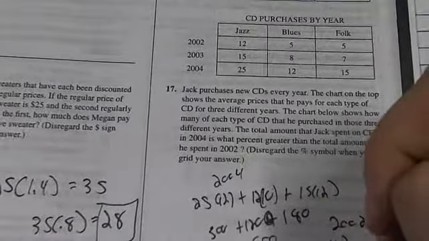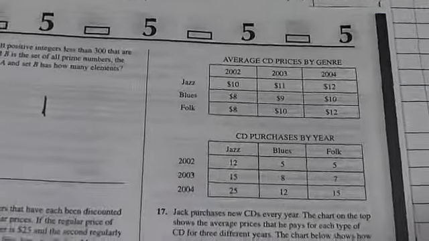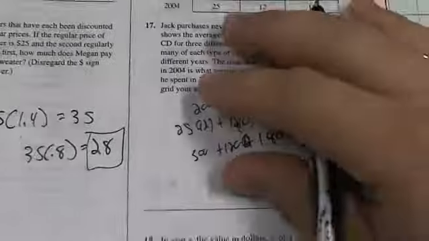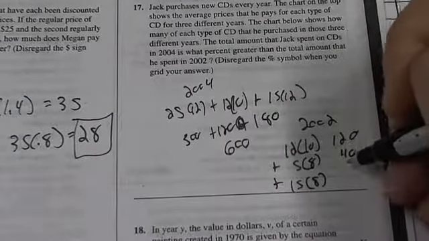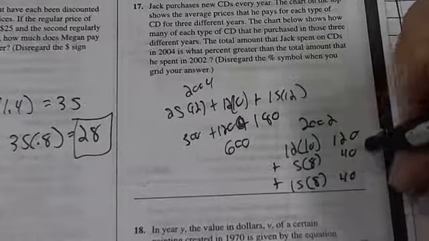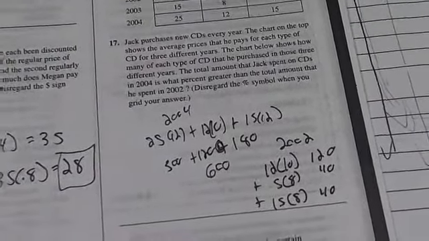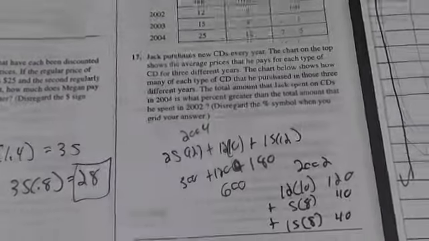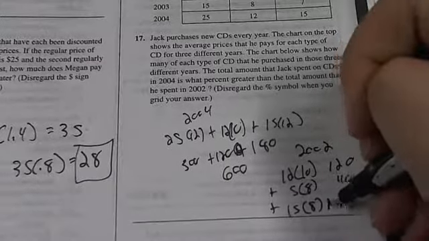And plus he bought CDs of folk, and folk was also $8.